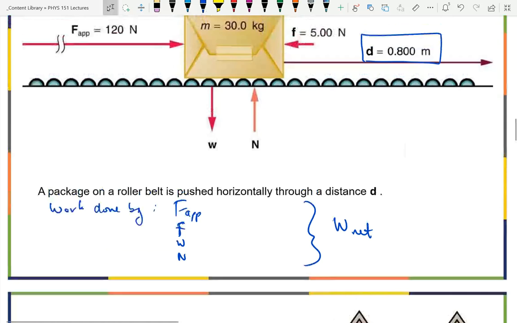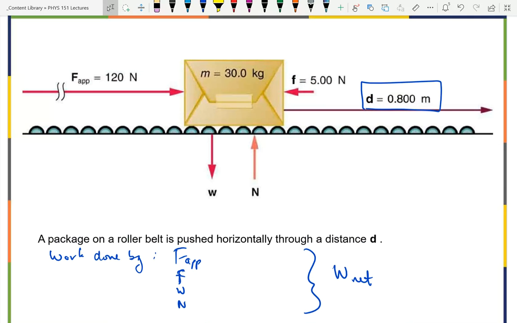So work with the people at your table to come up with answers for this. It should actually go pretty quickly. This is not a super complicated thing.